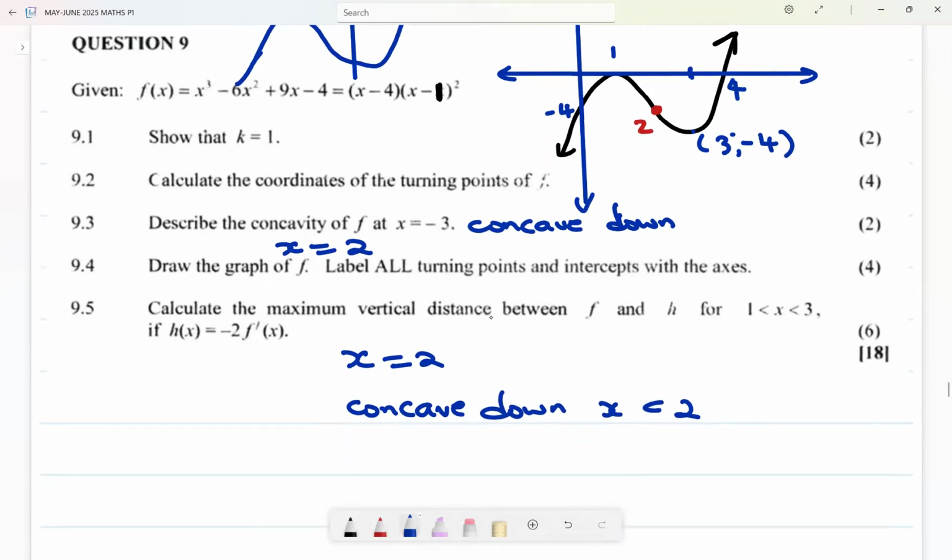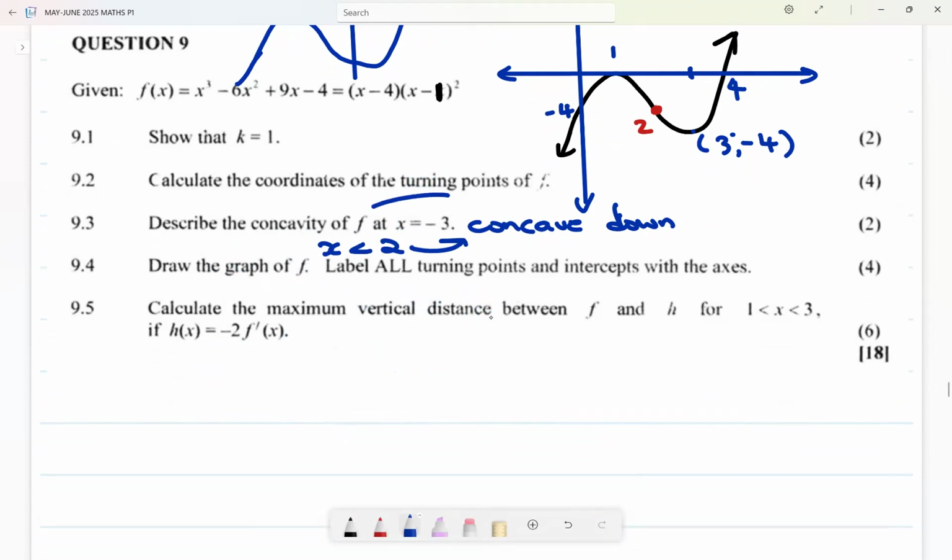Okay, so x is less than 2. Hence, we are saying it is concave down because x is negative 3. And now, just leave it there. x is equal to 2, point of inflection, and it is concave down for x is less than 2. So hence it's going to be concave down.